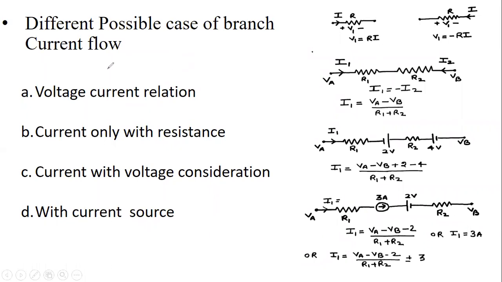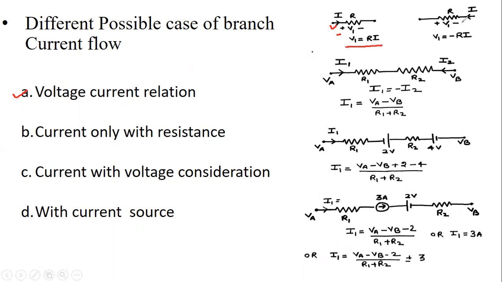So all possible cases, first is the voltage current relation. See here, we have represented resistance R with current I and voltage V1. If current enters from the positive terminal, the relation is V1 equals IR.